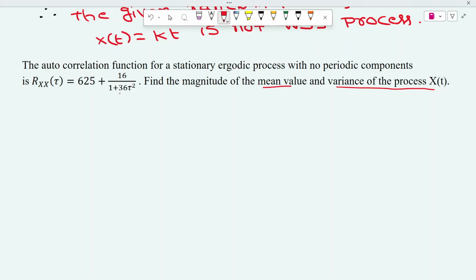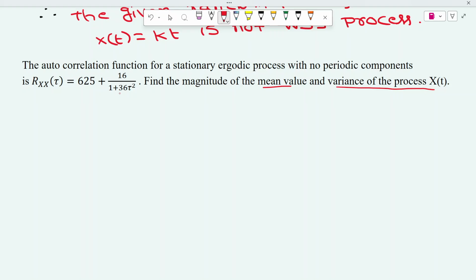For this we will use the properties of the autocorrelation function which we have seen already. If you have not seen it, please go to my autocorrelation function definition and its properties video. We'll use two of the properties to solve this problem.